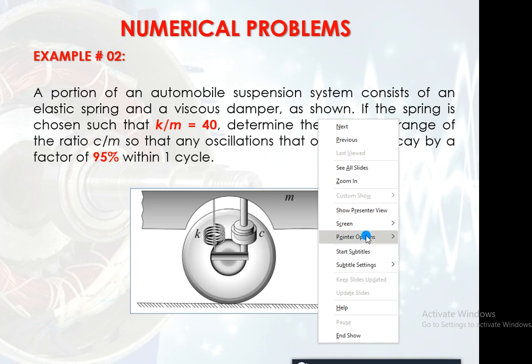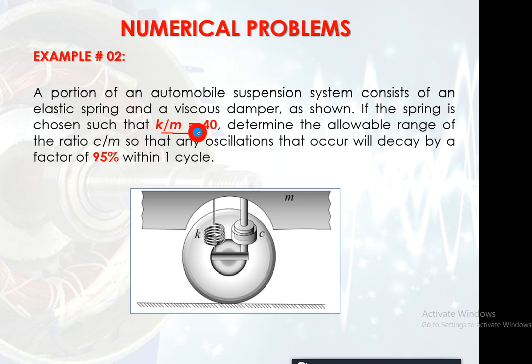So here we can see that we have K over M equal to 40. We need to find the C over M ratio in such a way that the total vibration amplitude of the body at the initial stage should be damped by 95% within one cycle. So what does this mean?